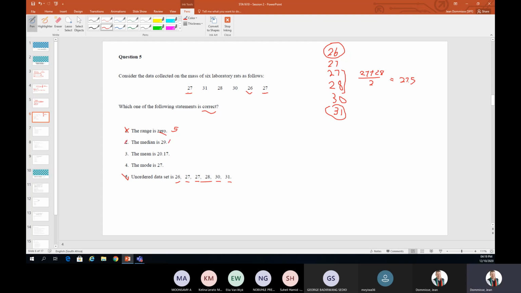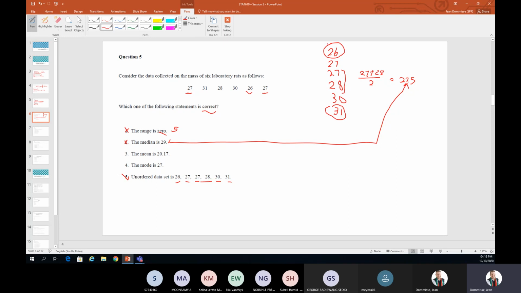Okay, so that one is also wrong. So it is the 27 plus the 28 divided by 2 gives you 27.5.